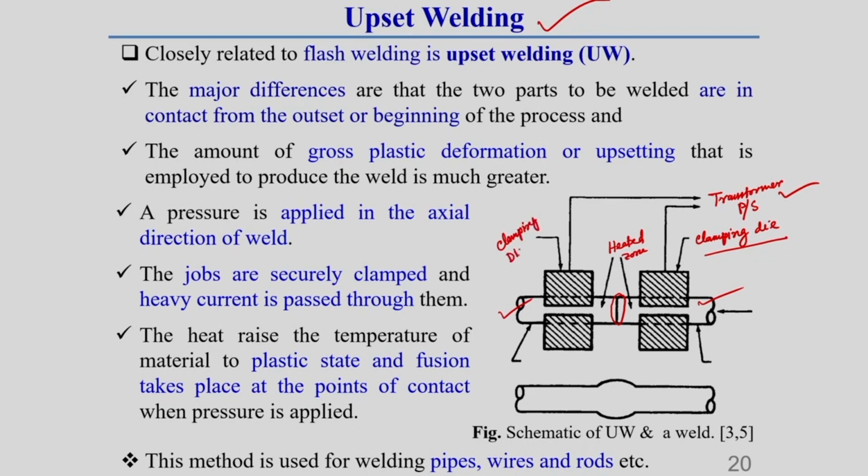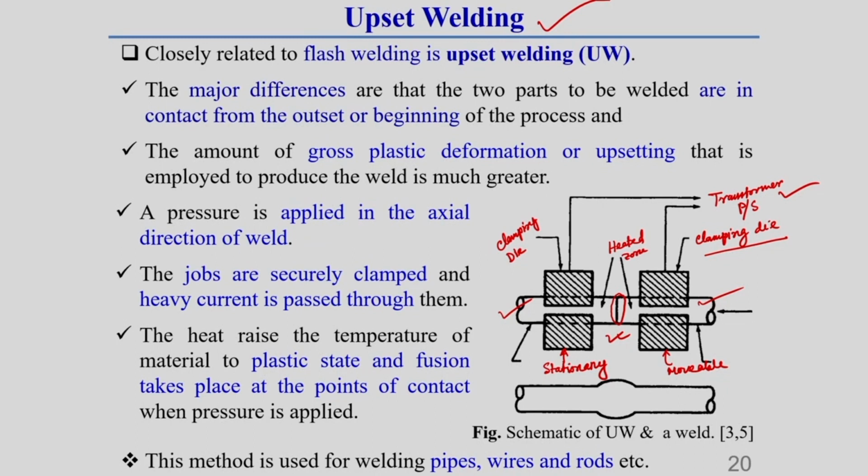Now here you see this one clamping die, or you can say one workpiece, is stationary, and this is generally movable. Similar to flash welding process, except at the beginning generally these two workpiece are in contact. This you should keep in mind. So here the amount of gross plastic deformation, or you can say this offsetting that is employed to produce the weld, is much higher than the flash welding process.